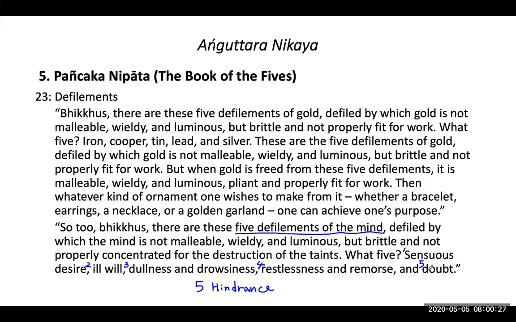But when the mind is freed from these five defilements, it becomes malleable, wieldy, luminous, pliant, and properly concentrated for the destruction of the taints.